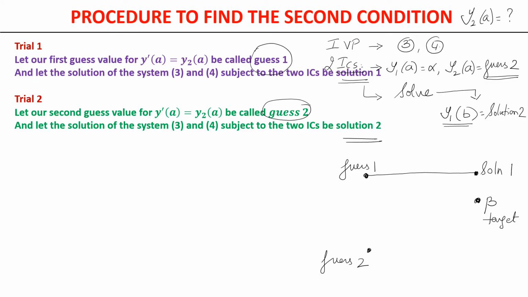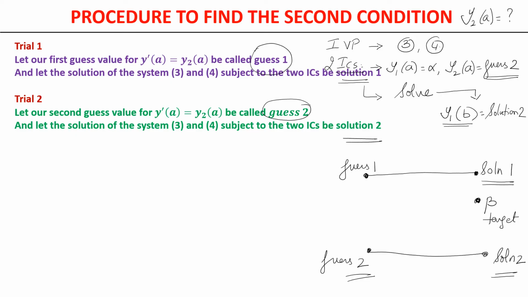And by taking guess 2, say we are arriving at some other value, say solution 2. So we can now judge that if it is guess 1, we are arriving at solution 1. Guess 2, we are arriving at solution 2. Both are farther from beta.